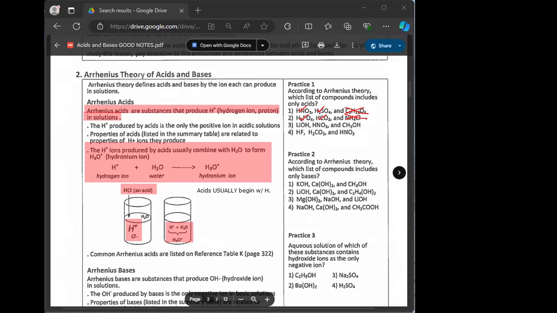It just doesn't start with an H. It has to start with an H. It can't just have an H in it. So this one does not start with an H. This one does, but then this one does not. So it'd be option 4.